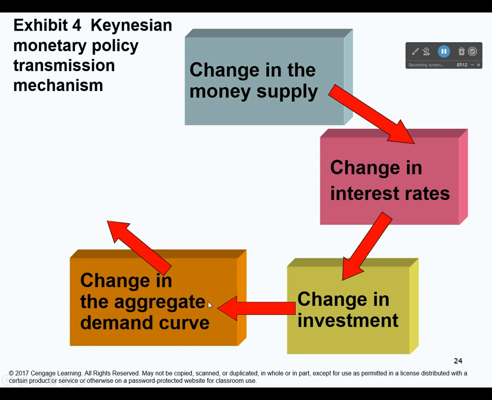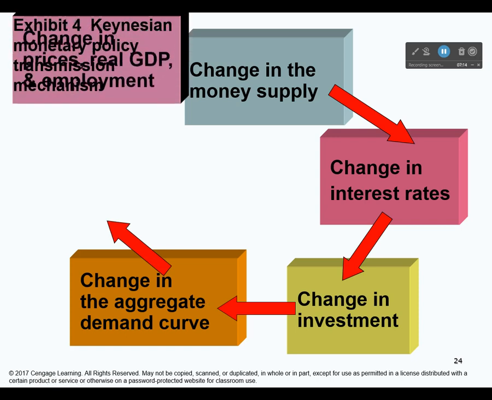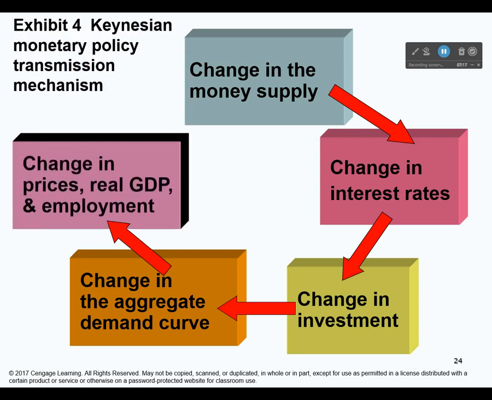As aggregate demand decreases, that will cause a decrease in real output, decreases in prices, and an increase in unemployment. Real GDP and unemployment are inversely related. If real GDP goes down, unemployment goes up. If real GDP goes up, we'll see unemployment go down.